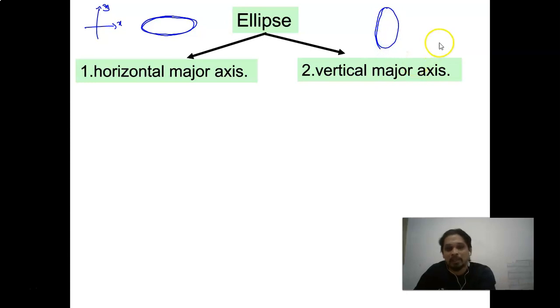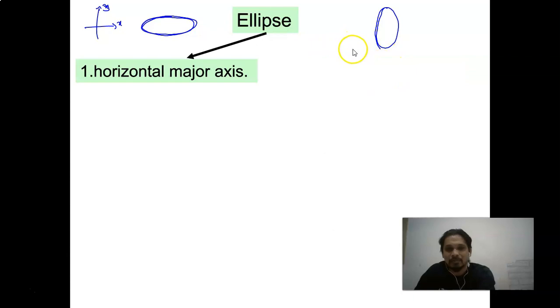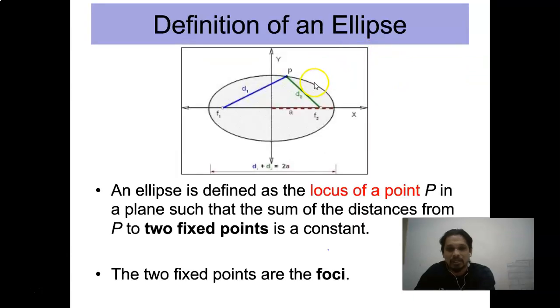It's not the proper shape of an ellipse, but you can imagine that if this is an ellipse, the major axis is the horizontal axis x, and the other has the major axis vertical, standing up here.